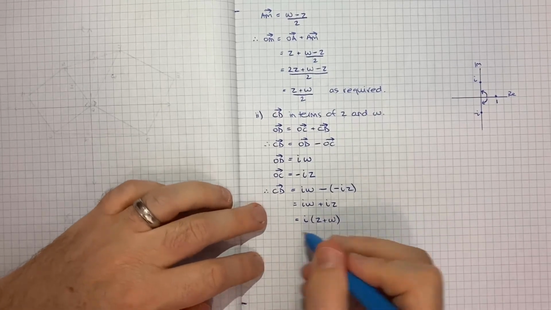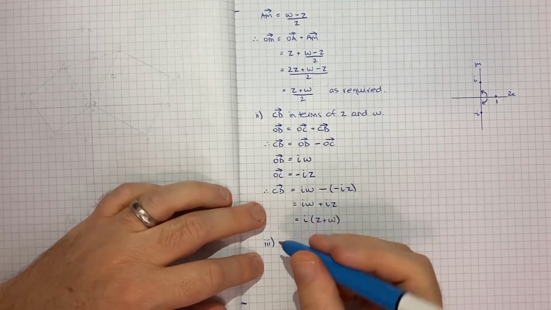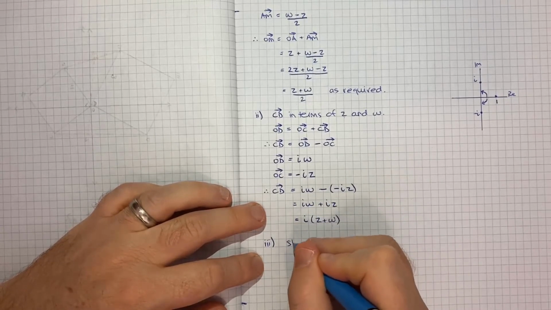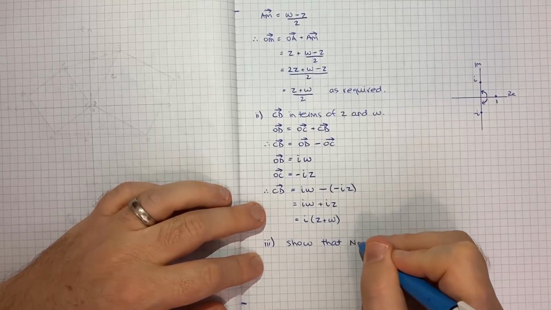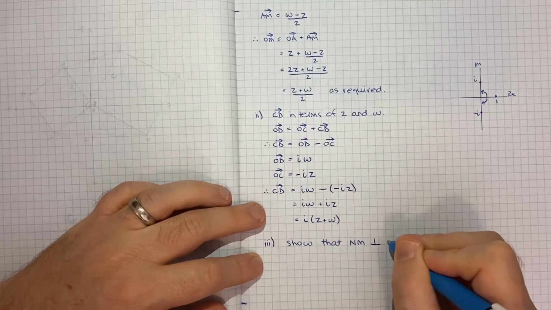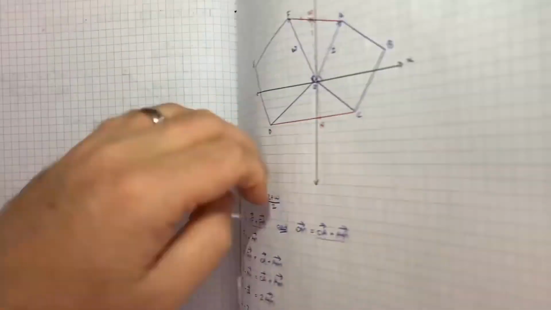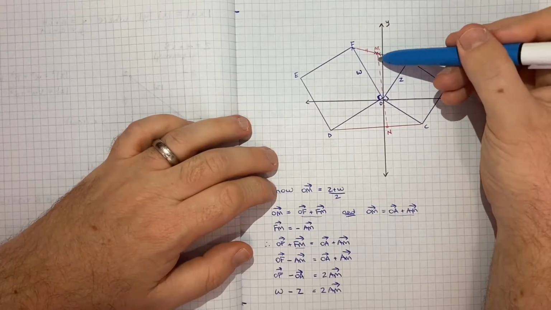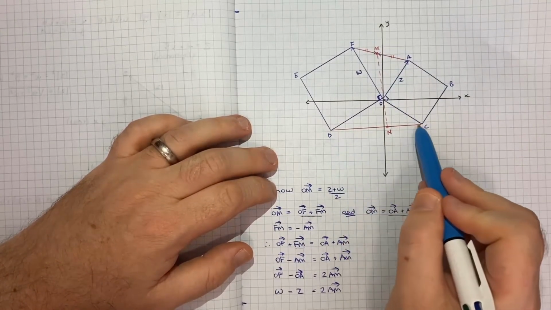Now for part 3, we're asked to show that the interval NM is perpendicular to the interval CD. So if we come back to our diagram, this interval here is perpendicular to this interval.